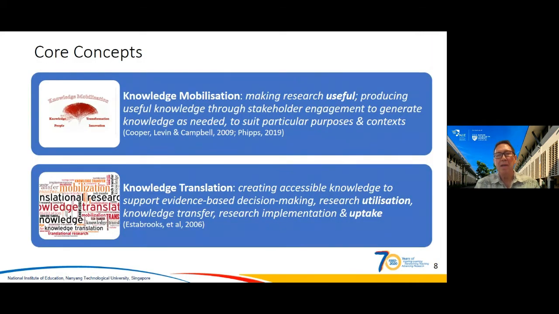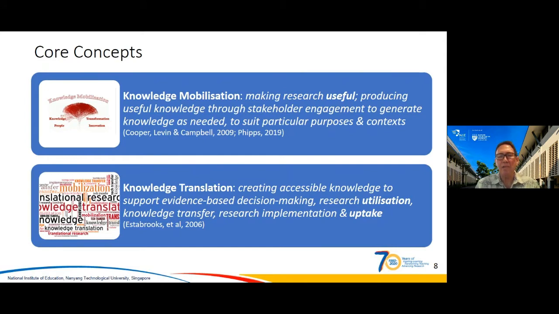the last slide. So to think about knowledge, it's helpful to understand the concept of knowledge mobilization. If we want to make research really useful, accessible, and meaningful, it's really about producing useful knowledge with our stakeholders. So it's generating knowledge as needed to suit particular purposes and contexts to make it really useful.